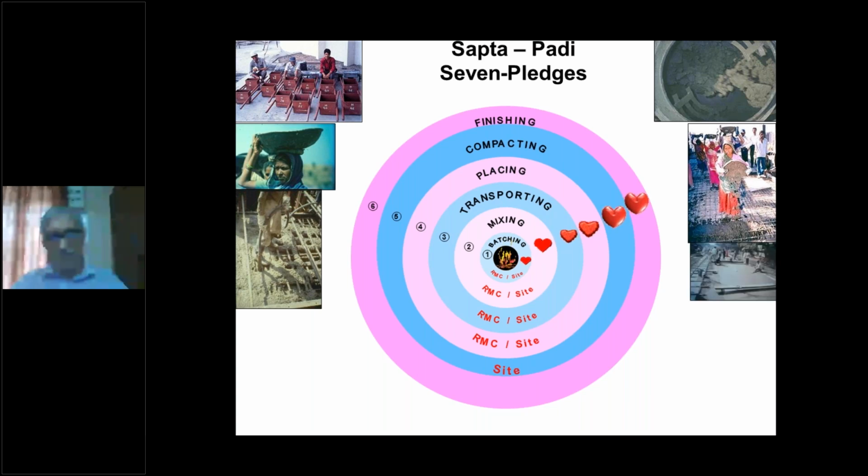Now, when you take RMC at the site, for the first 4 steps you completely rely on the equipment and the manpower of the ready-mix concrete. The 5th and the 6th steps, we have to supervise properly at the site, because that does not come directly under the scope of the ready-mix concrete.